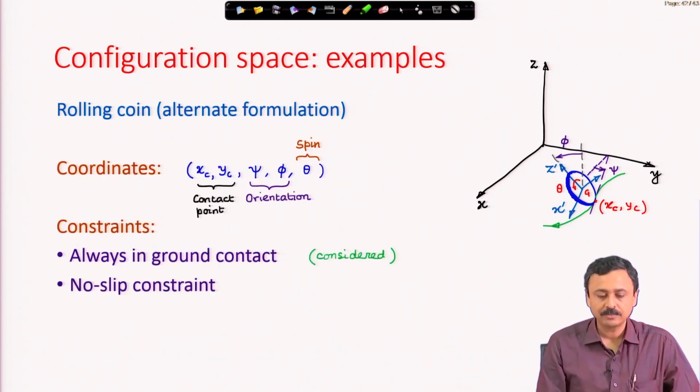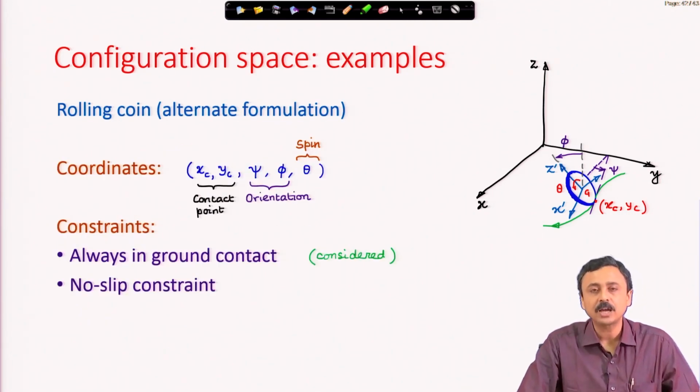So, what do we have? We have the new coordinates x c, y c, psi, phi, theta. x c, y c are the contact point coordinates. Always in ground contact, this is already taken care of, because z g has been replaced. I can find out the z coordinate of the center of mass just by using these coordinates that I have chosen now.